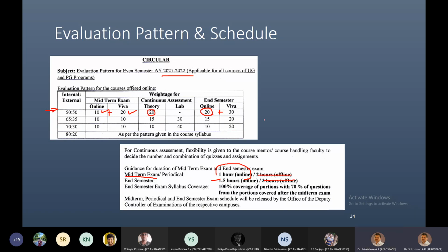I think these are the important points about the evaluation pattern. Any questions? In fact, I don't know much more than what is written here. If you have questions, I'll try to get answers for that. No? Because I think this is already familiar to you, we'll just move on.